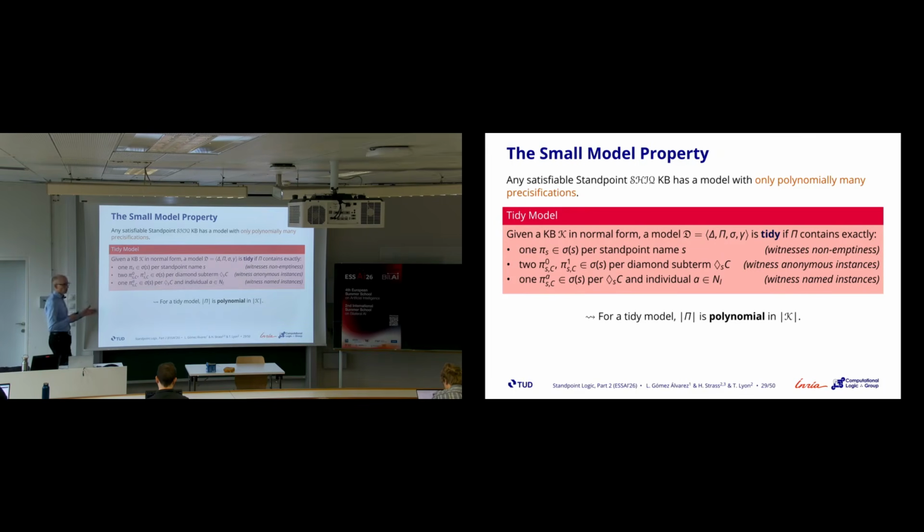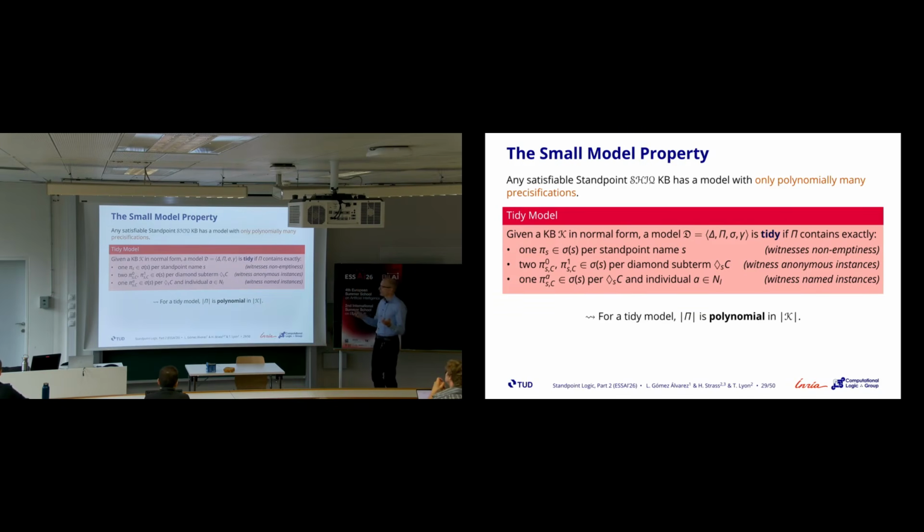Right? So there, we only had to look at all diamond subformulas or unsatisfied boxes and make sure we keep witnesses for those in our model. The rest we could throw away. Here we are in a monodic fragment and we really have to take care of single individuals. So we cannot simply throw away everything, so we have to keep some more.